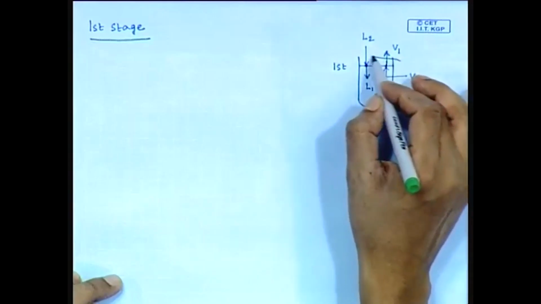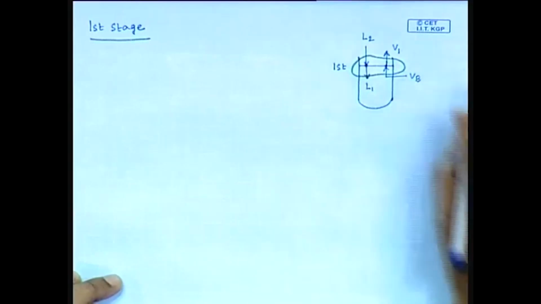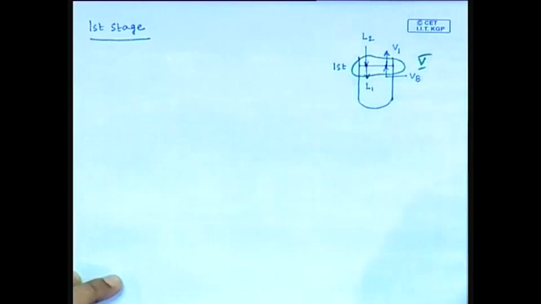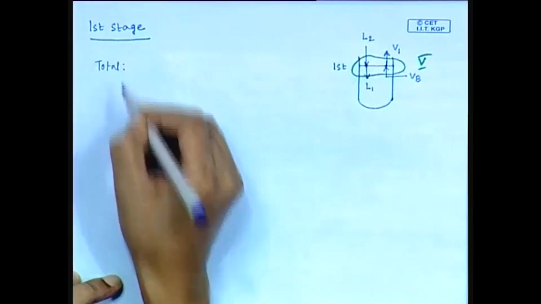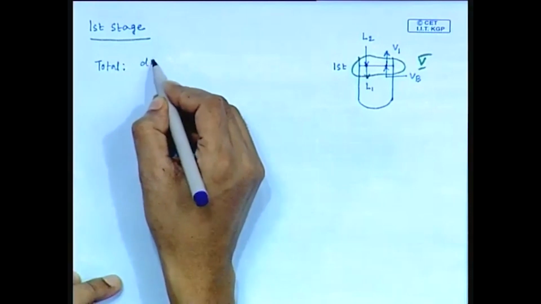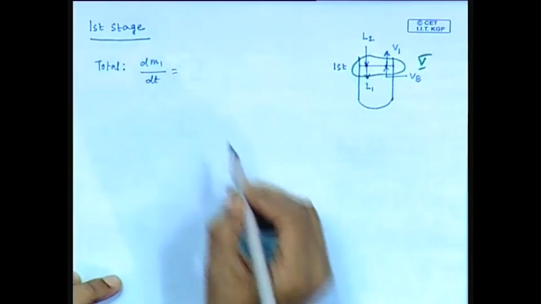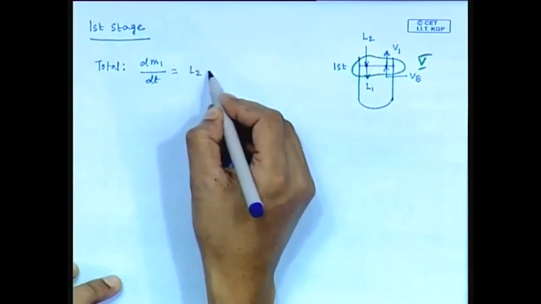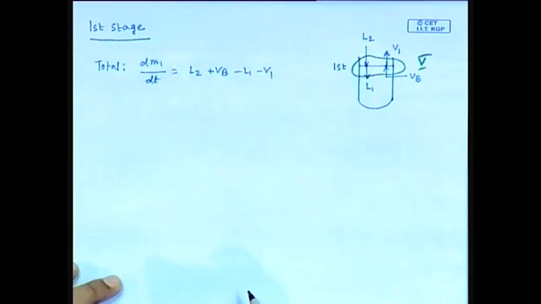So, this is the fifth envelope. What will be the total mass balance? If hold up is M1 for the first stage, then dM1 dt equal to L2 plus VB minus L1 minus V1. Agree?